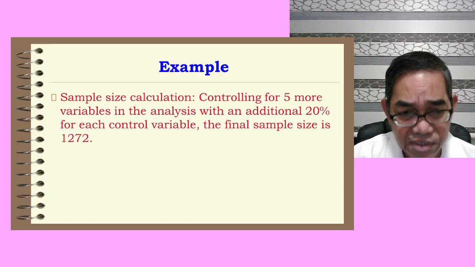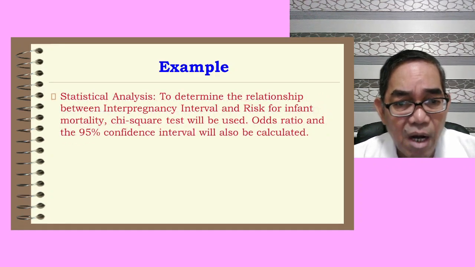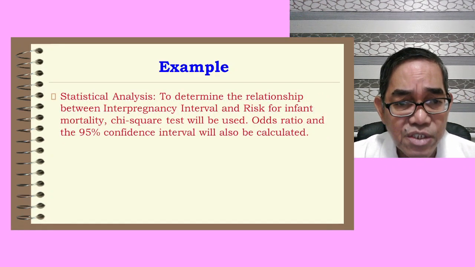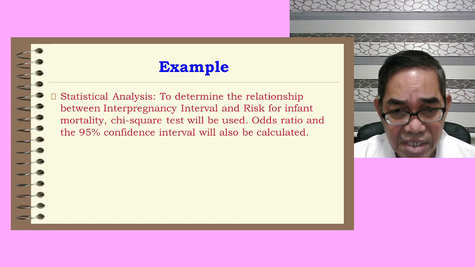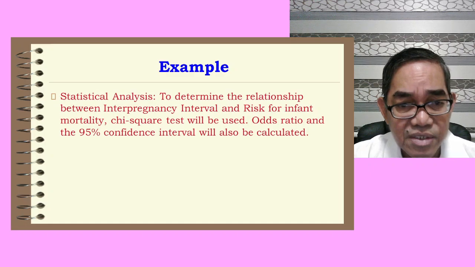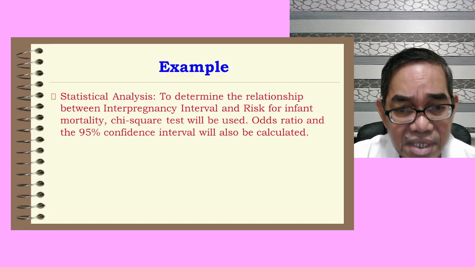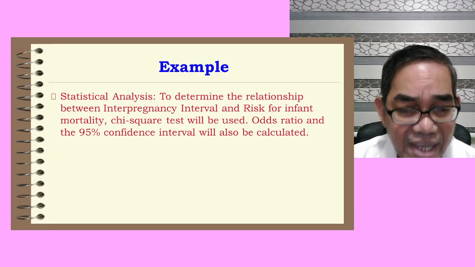We discussed this when we talked of sample size calculation. Now, what statistical test do we use to determine the relationship between inter-pregnancy interval and risk for infant mortality? The chi-square test will be used, and the odds ratio and the 95% confidence interval of the odds ratio will also be calculated.